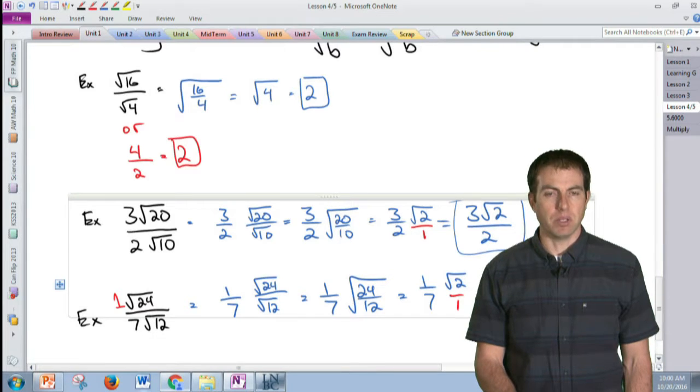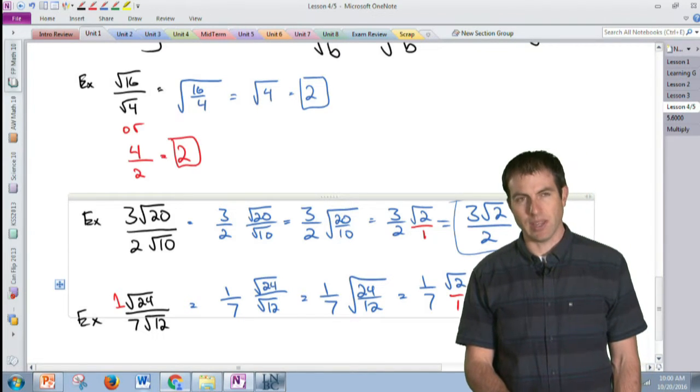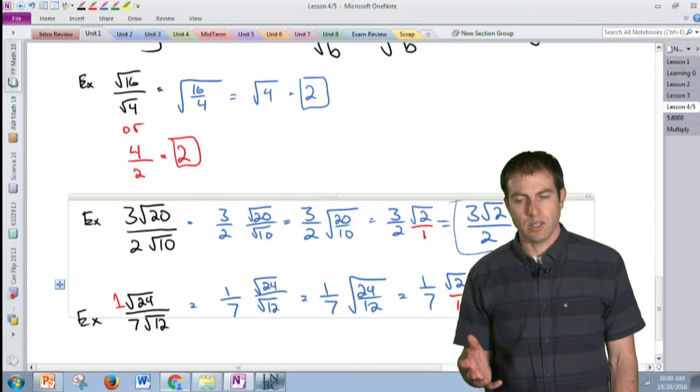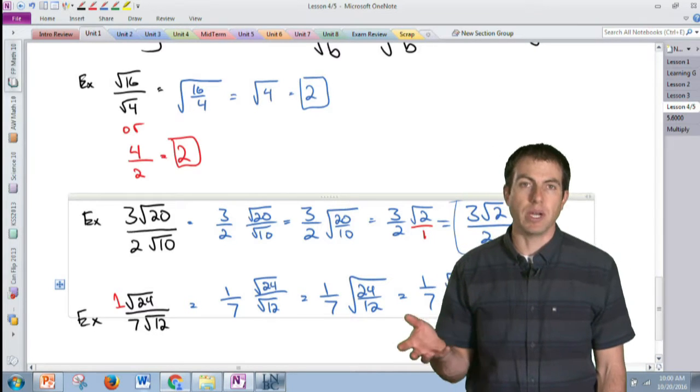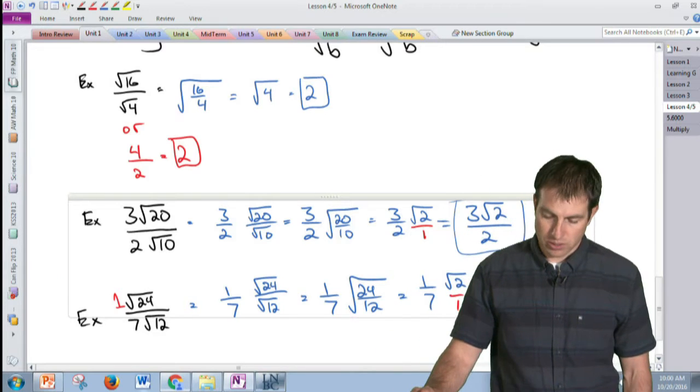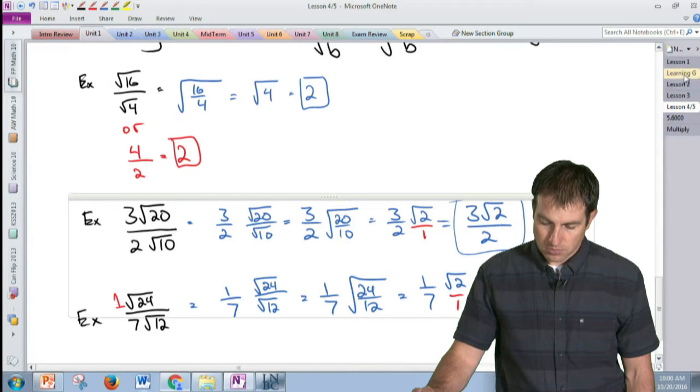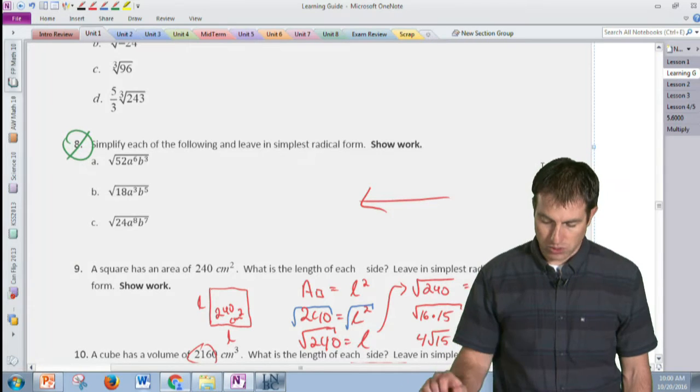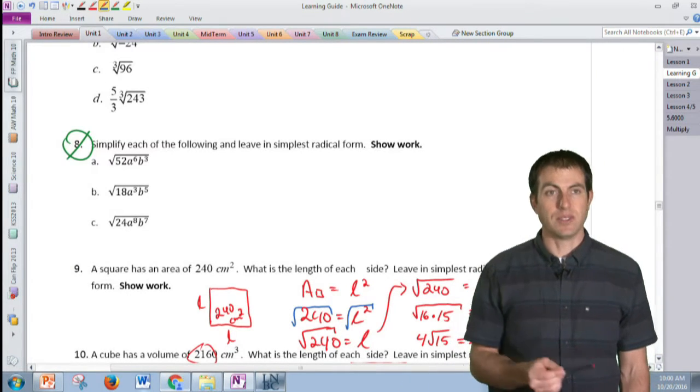I don't feel that it belongs in this unit, but it is there, and you might encounter them on the test, so I just want you to be prepared to see them. They're not hard, but I just want you to make sure you've seen them before.